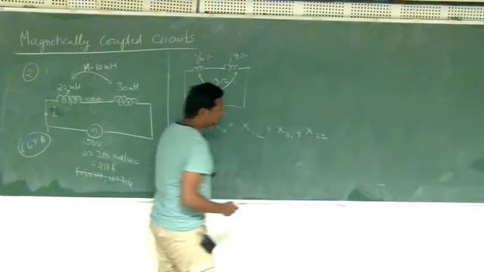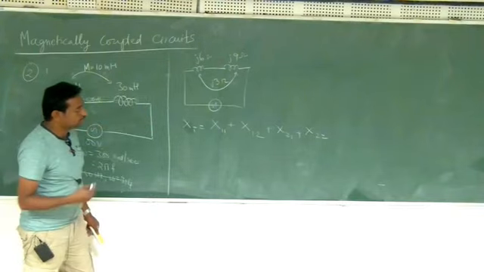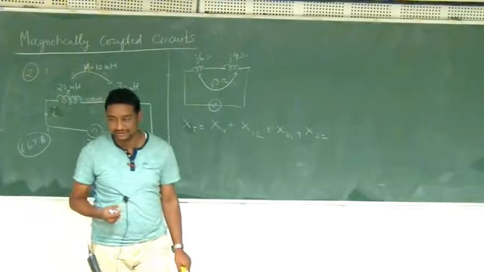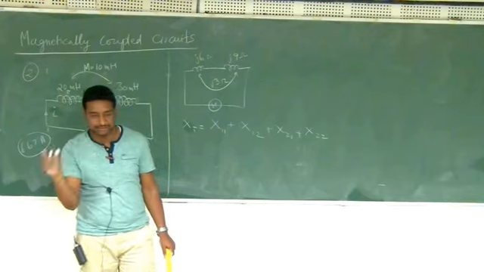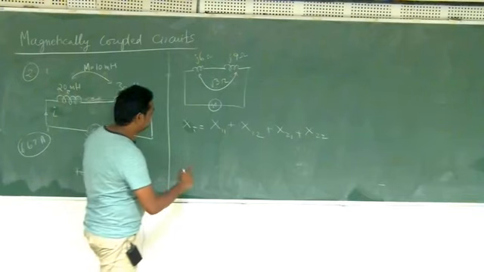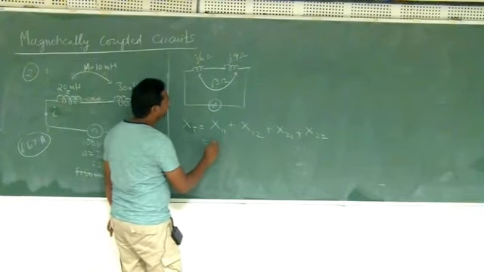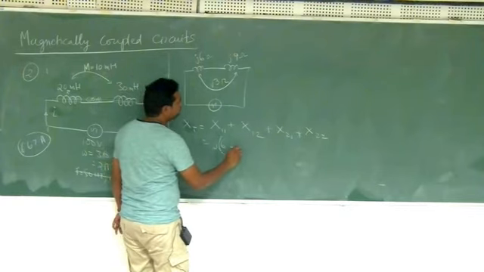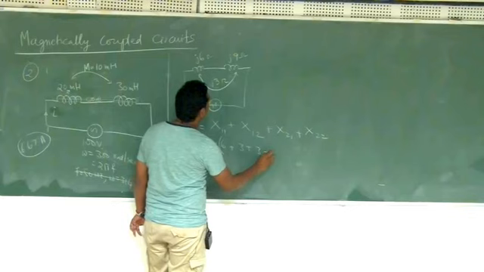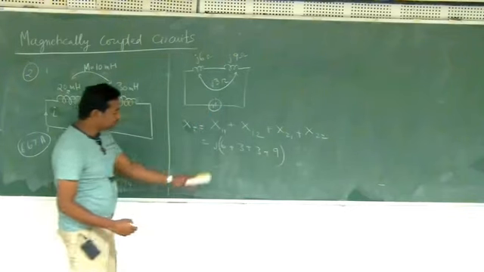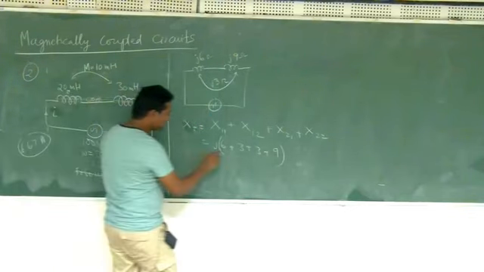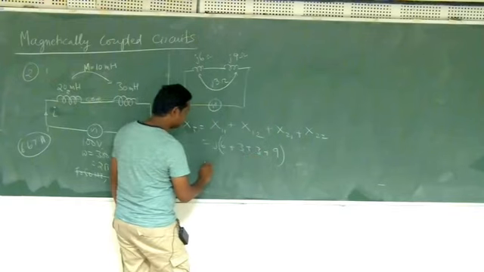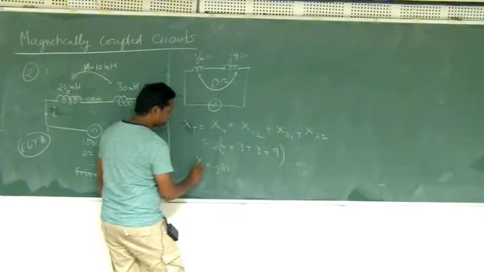Normally, if you look at the textbooks, they typically use M for mutual inductance. So now this will be J, I'll take common, 6 plus 3 plus 3 plus 9. So this total will be now how much? 15 plus 6, 21, J21.